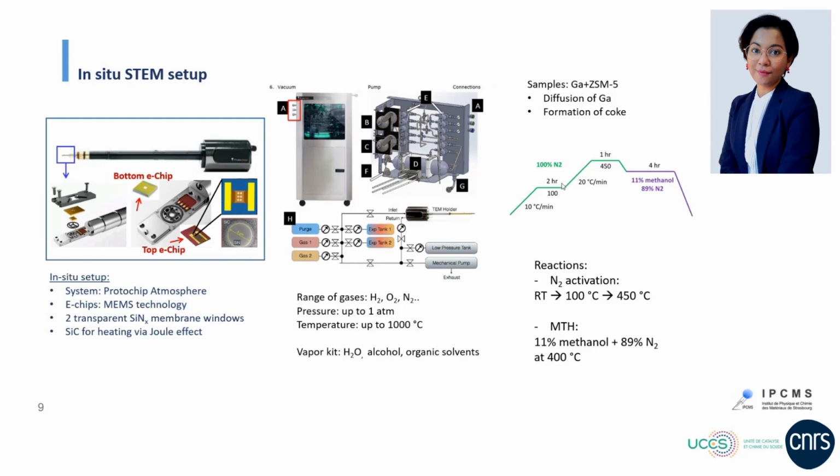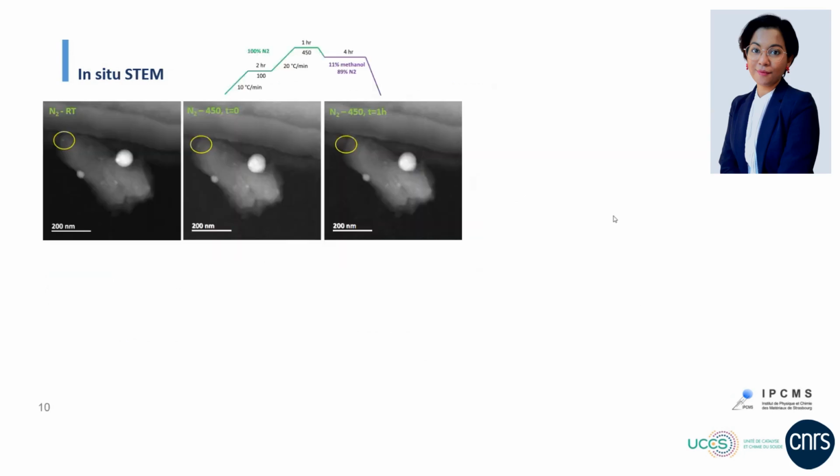The reaction was two-step. The first step was nitrogen activation, going from room temperature to 100 degrees Celsius, where we stayed about 2 hours, and then increasing the temperature to 450 degrees Celsius for 1 hour under nitrogen. Then we introduced methanol at its vapor pressure at room temperature, which is about 0.11 atmosphere, composed of 11% methanol with a carrier gas of 89% nitrogen, at 400 degrees Celsius.